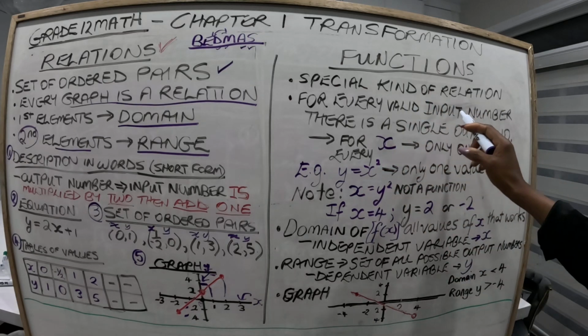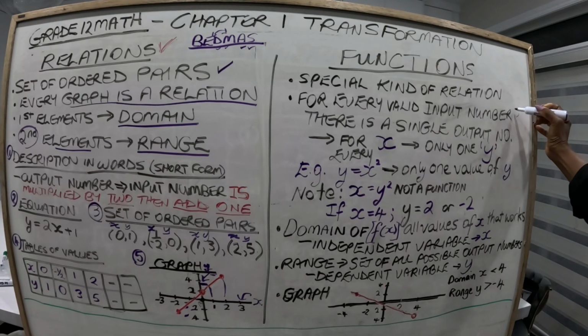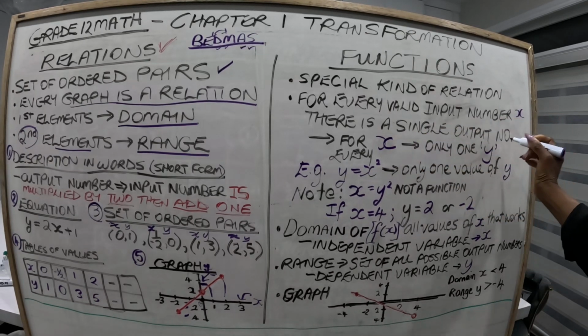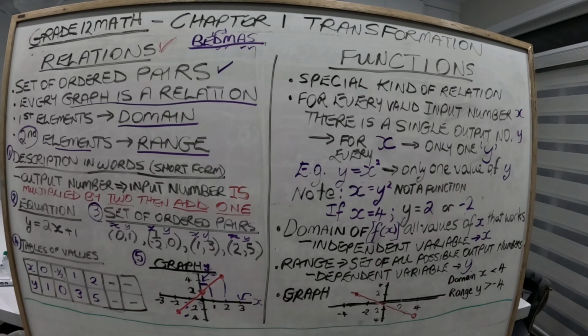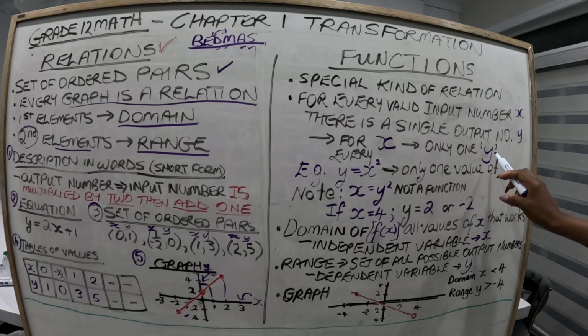So every valid input number, that would be x, okay? And the output number will be y, okay? So which means for every x, there can only be one y.